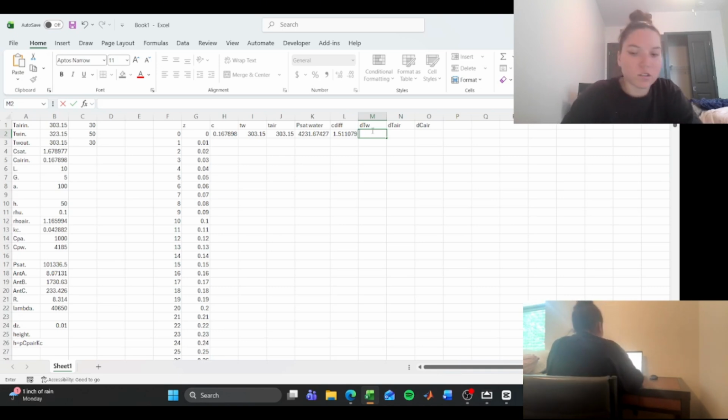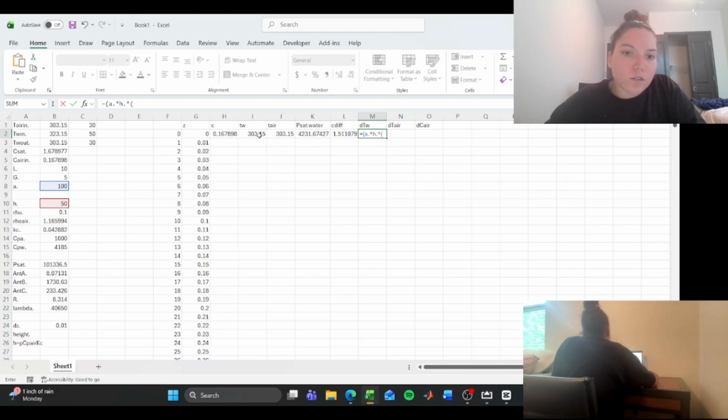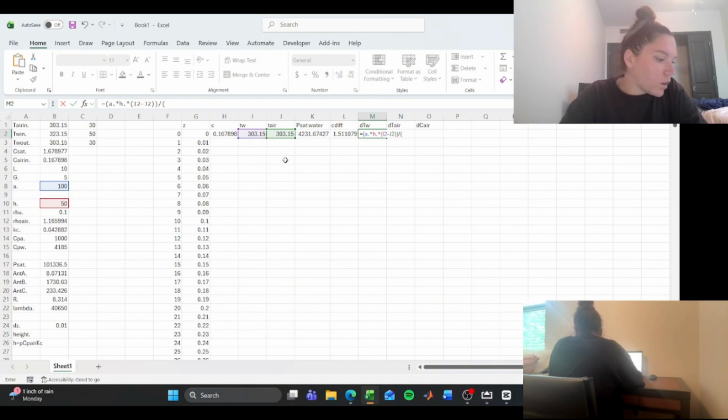So now for the temperature difference of the water, we are going to use the equation that we had from earlier. So this is going to be equal to the packing, I'll put this all in parentheses, packing times the heat transfer coefficient times the temperature of the water minus the temperature of the air divided by the density times the volumetric flow rate times the heat capacity of air.